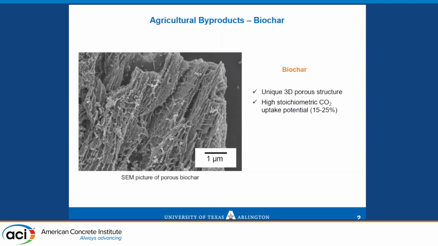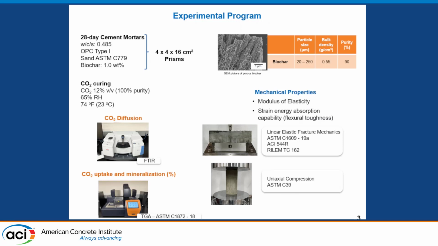So we started using this agricultural product, biochar, not only to accelerate the CO2 uptake and mineralization, but also to create a sustainable product within the framework of today's scientific interests, how the material can be more sustainable.